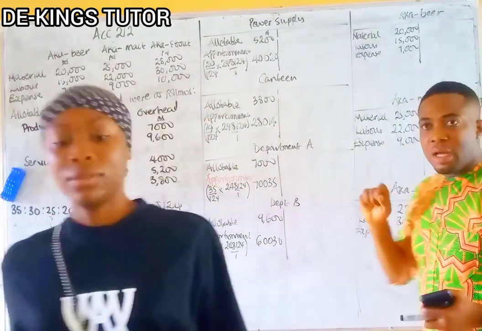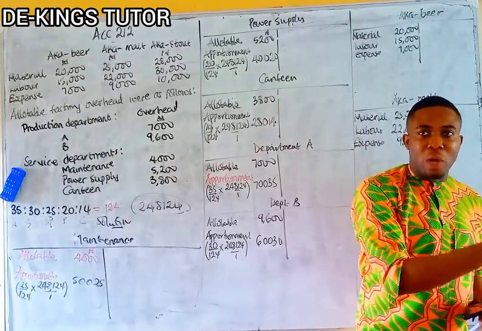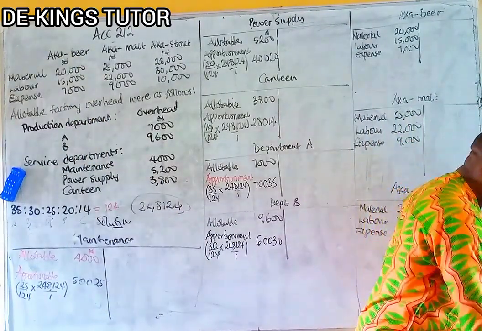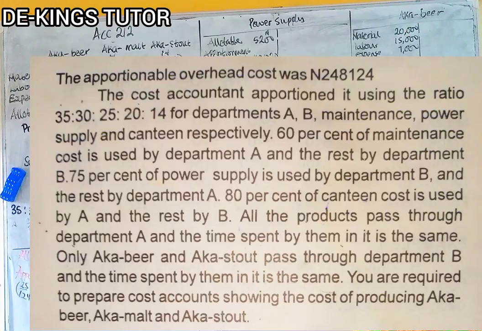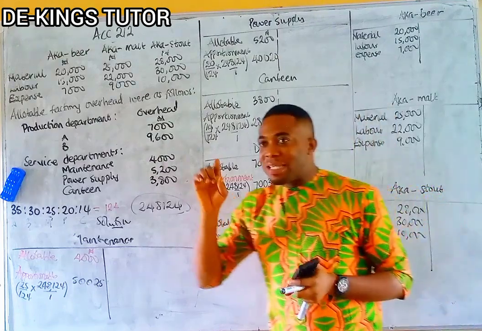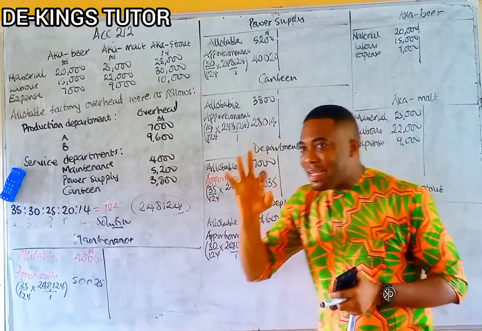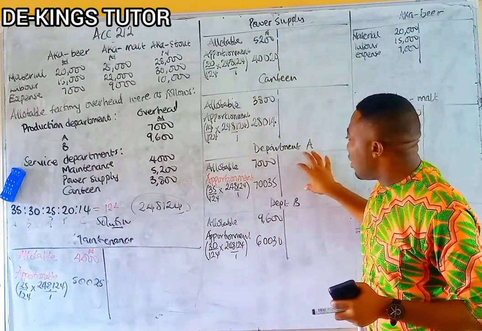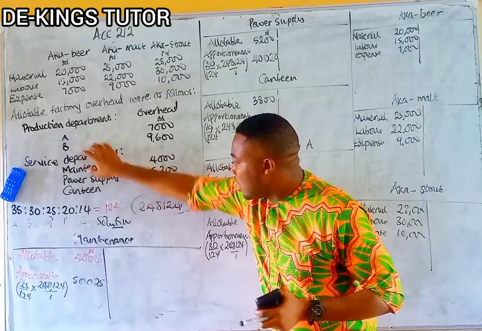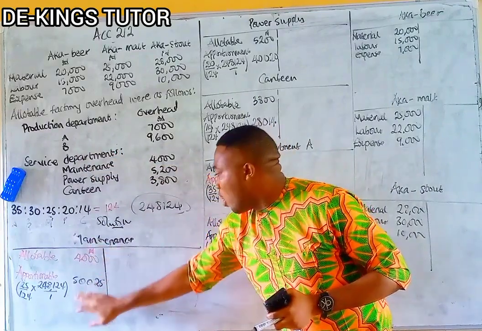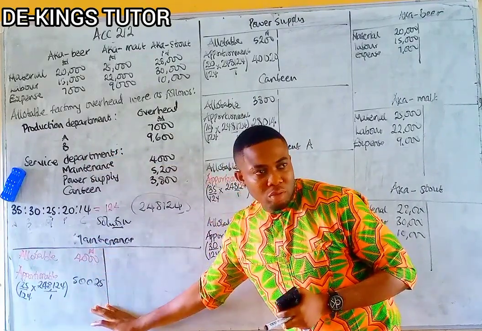Now let's go to our question. After the apportionment, what did they ask us to do? They said 60% of maintenance cost is used by department A, and the rest by department B. Department A, which is the production department, uses 60% of the total maintenance cost.